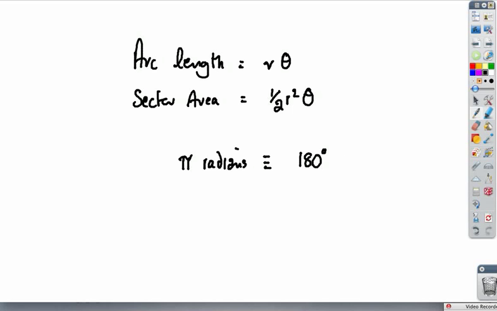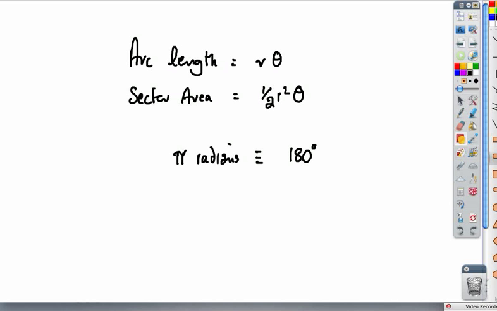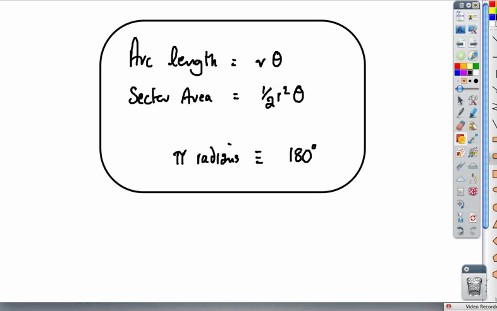And that is our conclusion for radians and simple radian formulae.